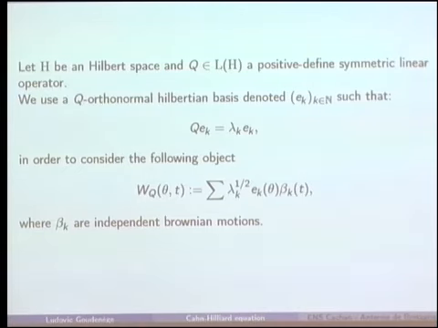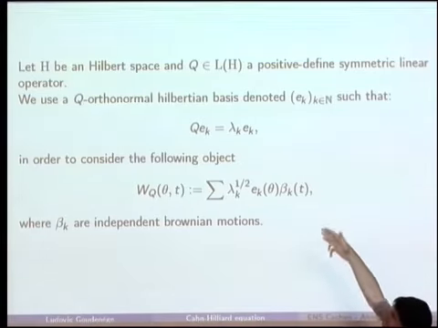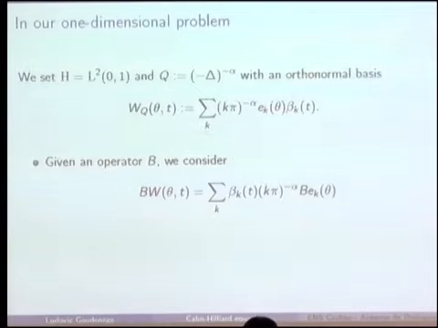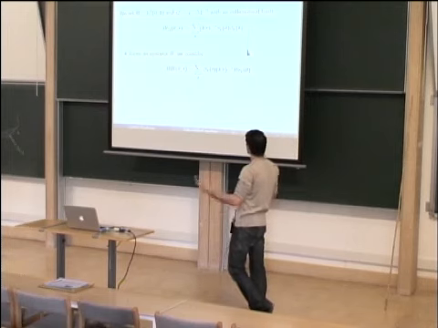We try to construct this object, so you have the eigenvectors and the eigenvalues of the operator Q, and you have some beta k, some Brownian motions. In our one-dimensional case, H is just the L2 space on the interval 0, 1, and Q is just a power of the Laplacian, for instance.